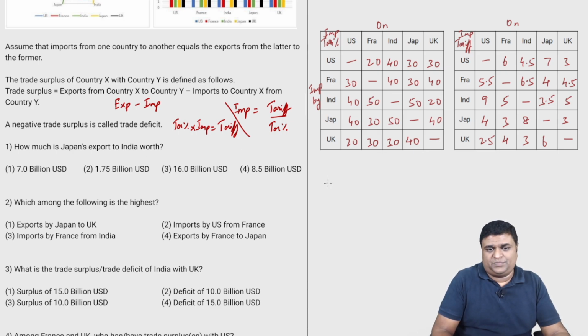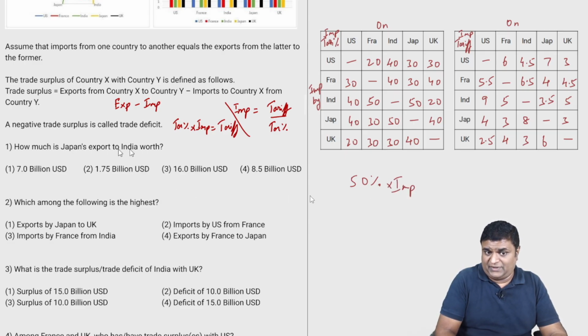How much is Japan's export to India worth? Japan's export to India is India's import from Japan, the other way around. India import from Japan is what you have to read. So how do we deal with the first question? India import from Japan was met with a 50% tariff on the imports, right?